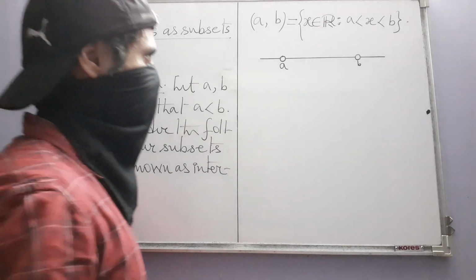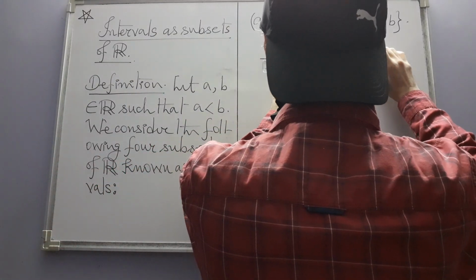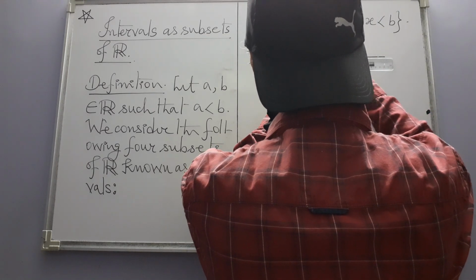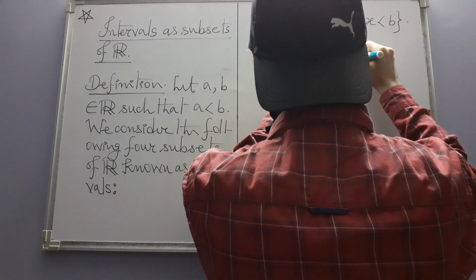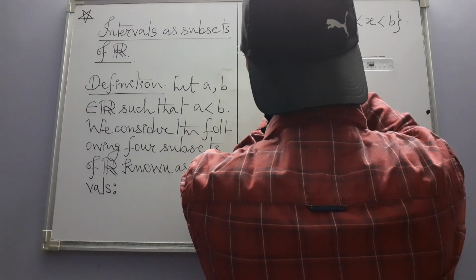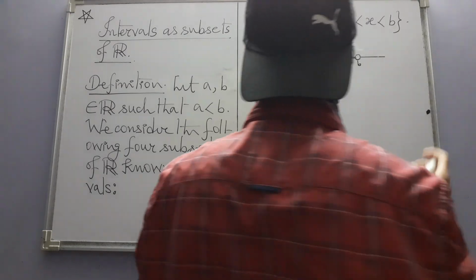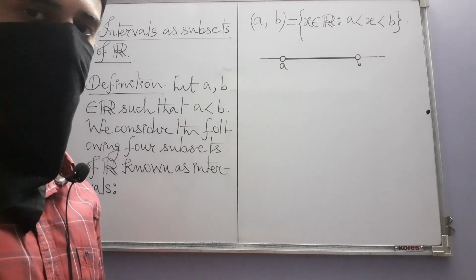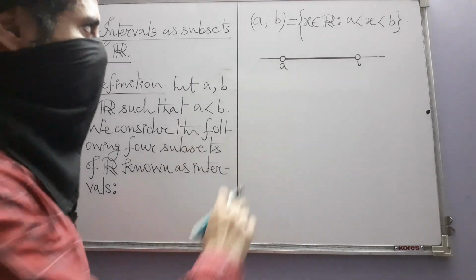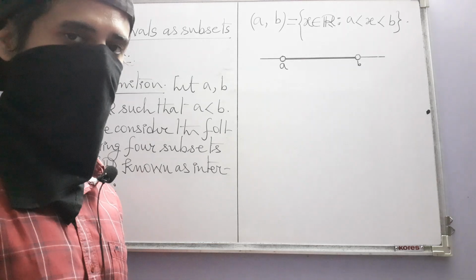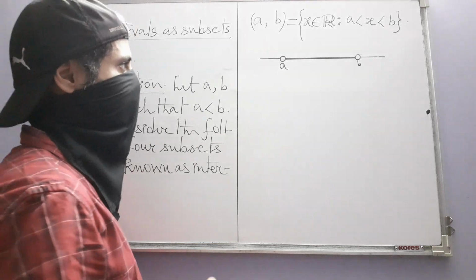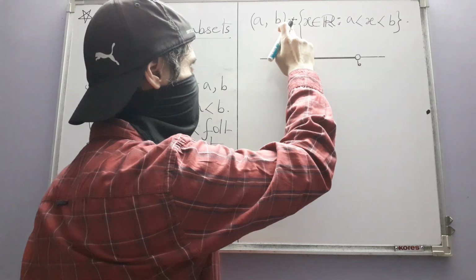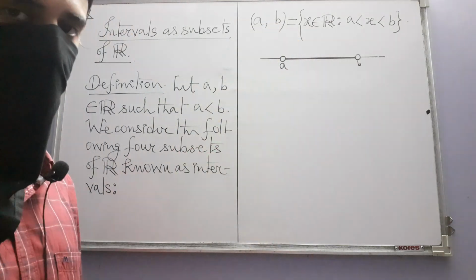And what we do, we make the line segment whose ends are these 2 points A and B bold. Okay. We make it bold. Okay, a little thicker than the entire line, the actual real line. And this denotes geometrically this set or this interval.